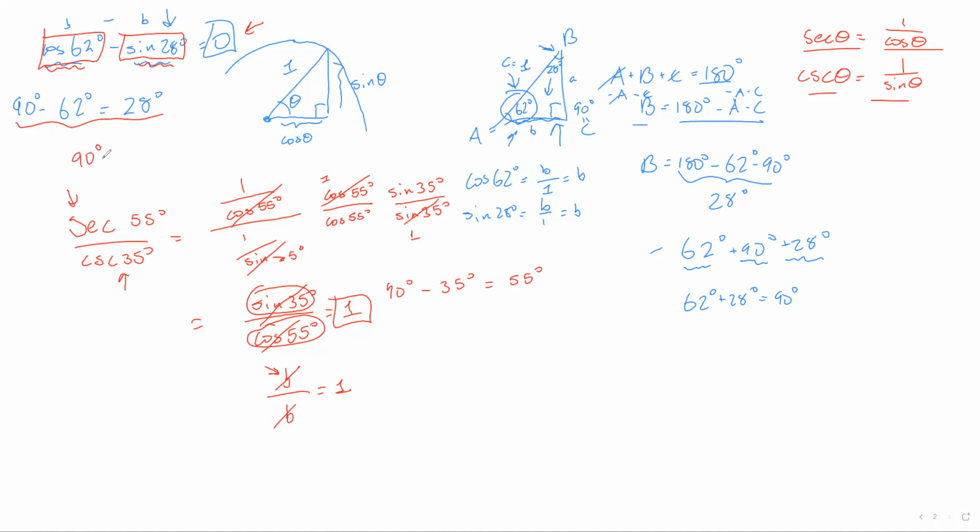Just 90 minus 55 equals 35. And that ends up being this right here. And because of that, it's the same thing here. They both are equal. So this thing is equal to this thing here. And since they're equal, we get this same thing right here, b over b, they cancel, give you 1.